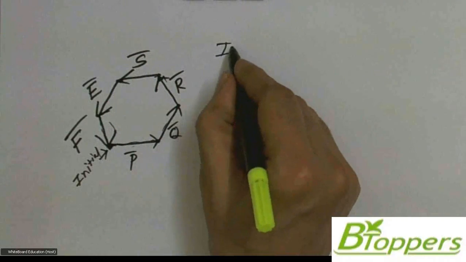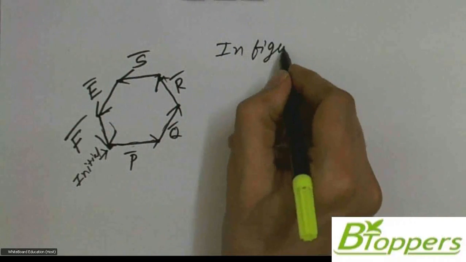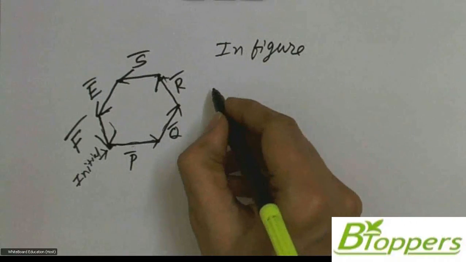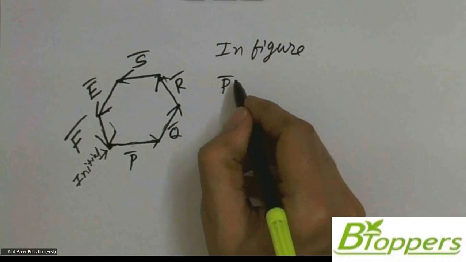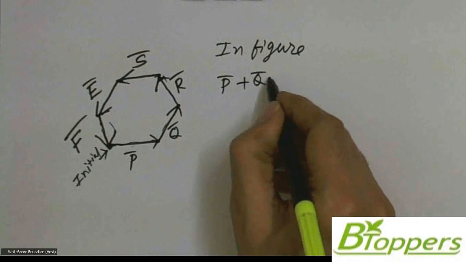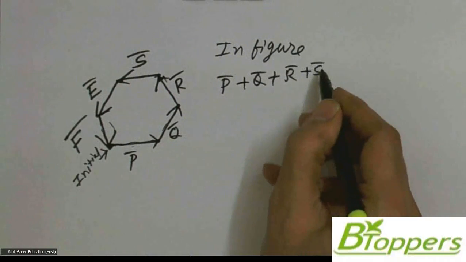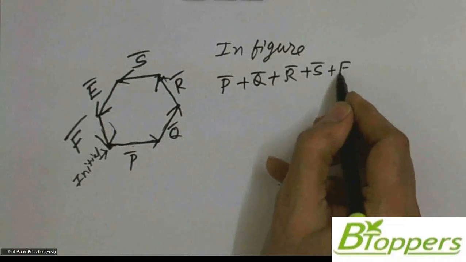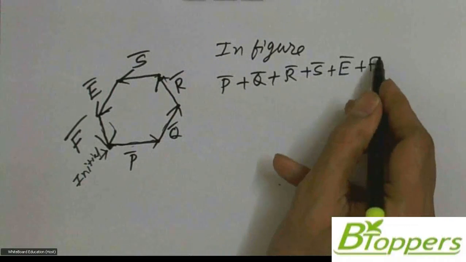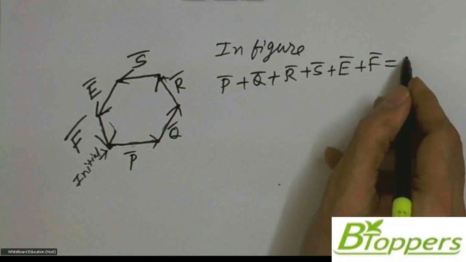That means in this figure, the vector sum of P bar, Q bar, R bar, S bar, E bar and F bar equals the 0 vector.